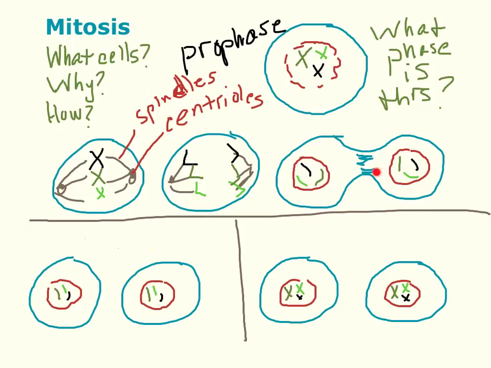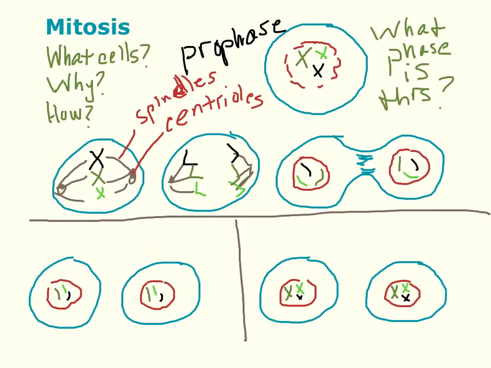In telophase, we have them beginning to form two new cells. The nuclear membrane begins to form around the chromosomes, and you can see that we have our chromosomes looking like they must have looked for the original cell, and our cytoplasm begins to cleave. Then we have cytokinesis occur, and we have our actual outcome of mitosis here.